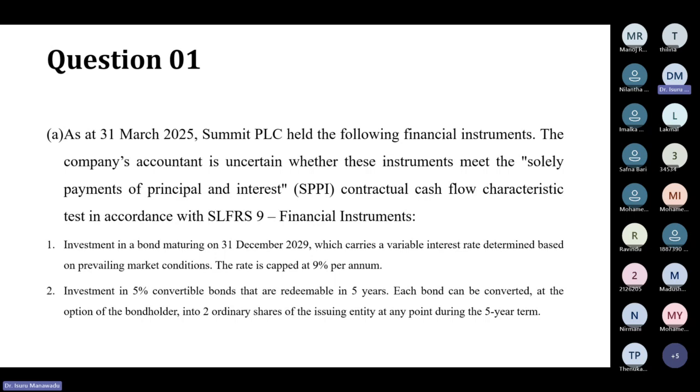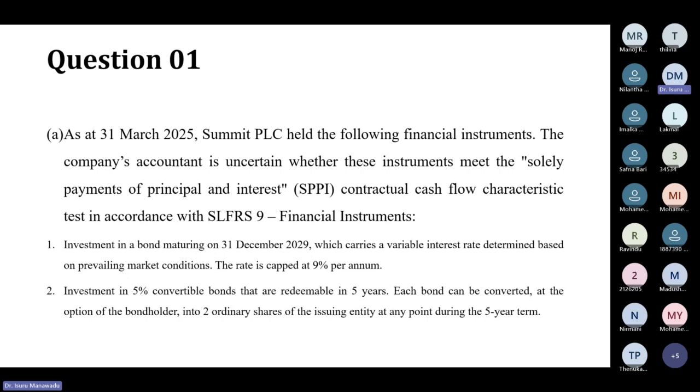Investment in a bond, maturing on 31st December 2029, which carries a variable interest rate determined based on prevailing market conditions. The rate is capped at 9% per annum. What do you think? This is a bond.